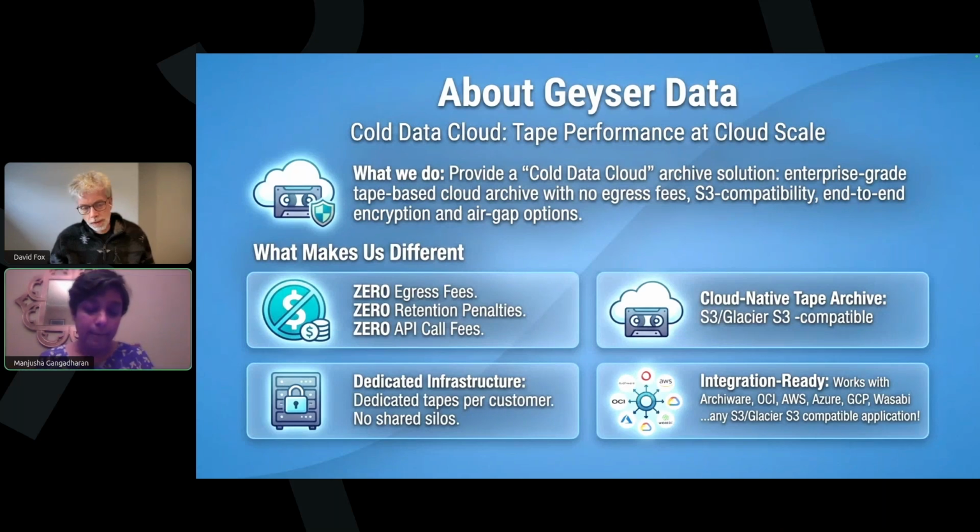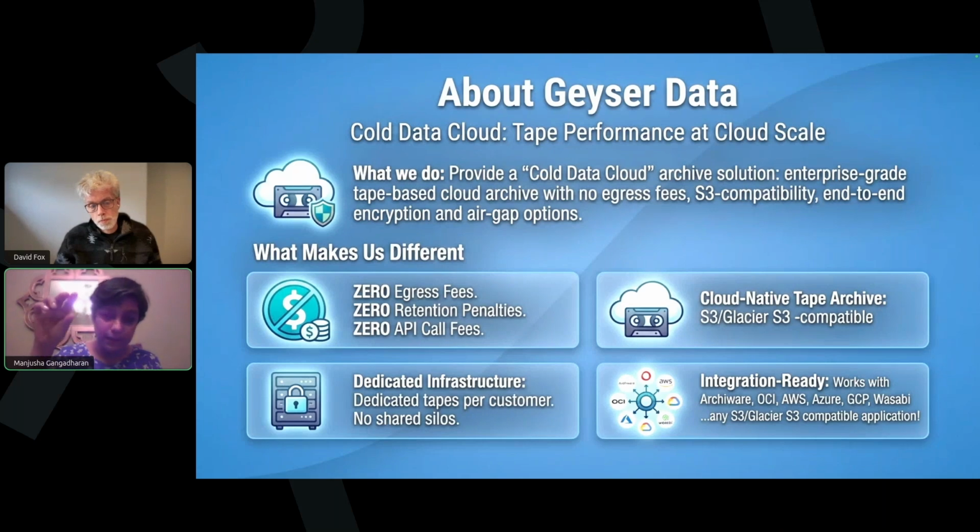And because of this dedicated tapes infrastructure, we're also able to air gap the data. And that's something that no other cloud provider can offer you. What we do is that tape is physically unmounted from the drive, and this can be done through the console.